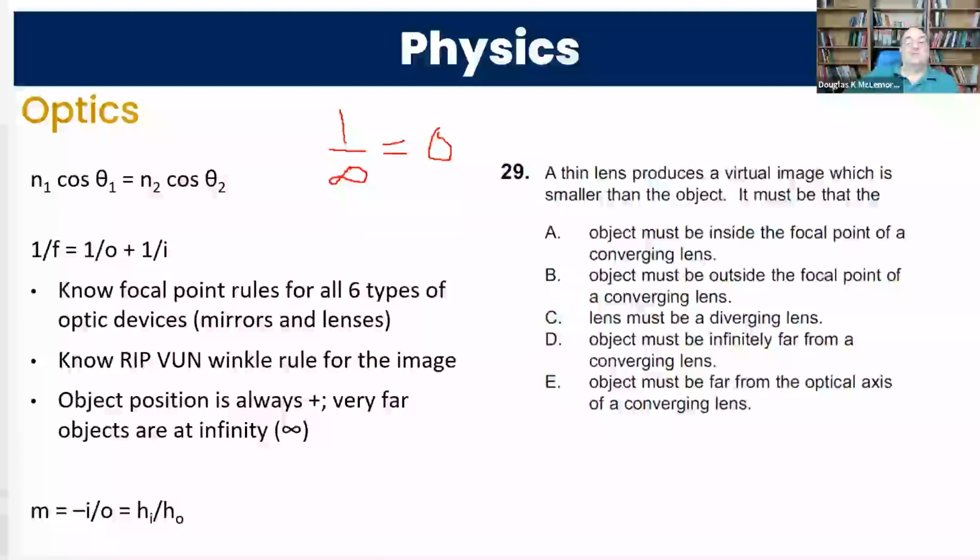So, a thin lens produces a virtual image which is smaller than the object. It must be that blank. So we're basically being given some information about this image. What have they told me about the image? It is virtual and it's smaller than the object. What does that virtualness tell us about I?